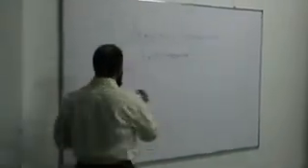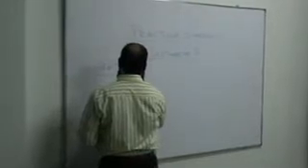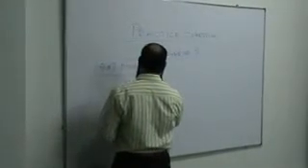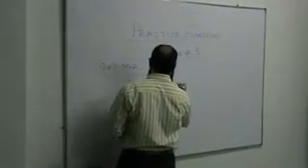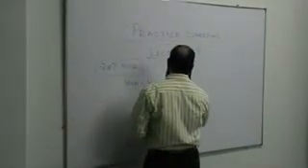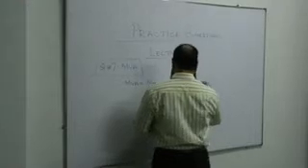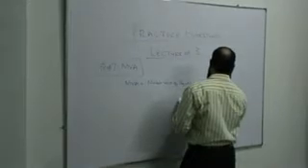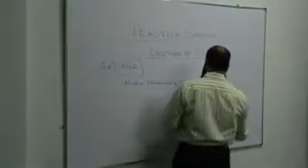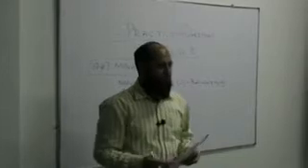The formula for calculating market value added is market value of equity minus book value of equity. The difference between these two values is our market value added.